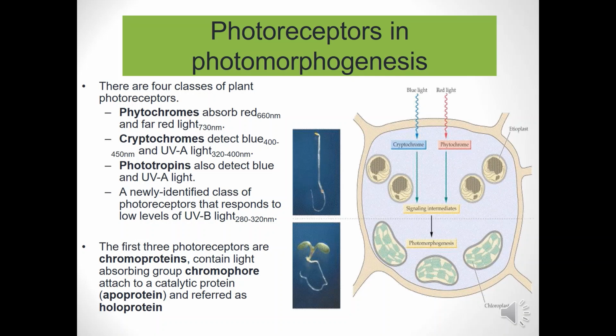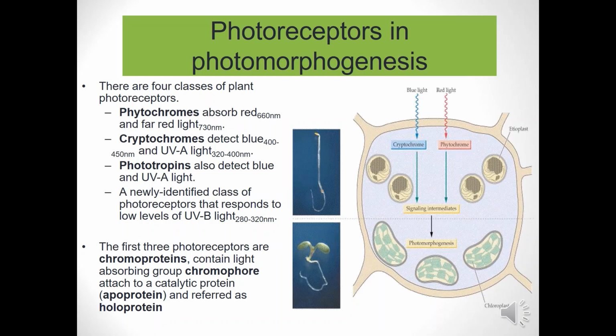It's different to the cryptochrome, which absorbs the blue light at wavelength 400 to 540 nanometer, and also absorbs UVA light at 320 to 400 nanometer.